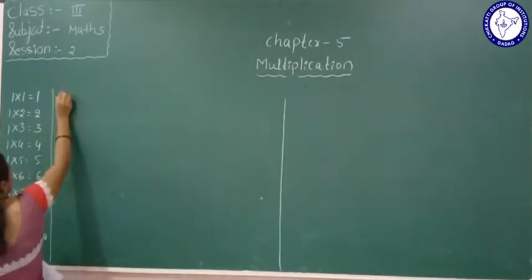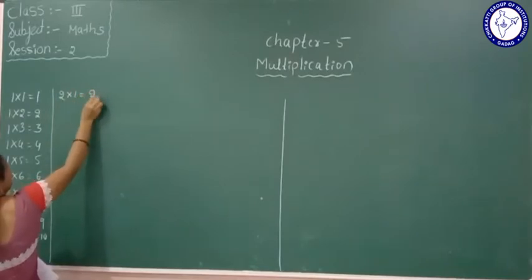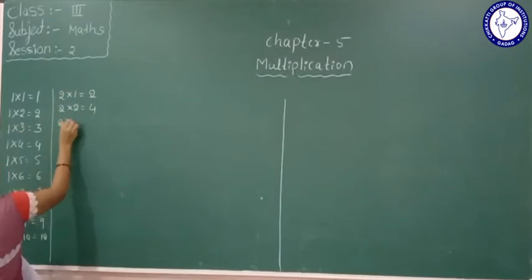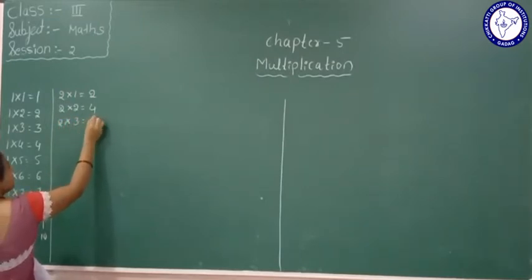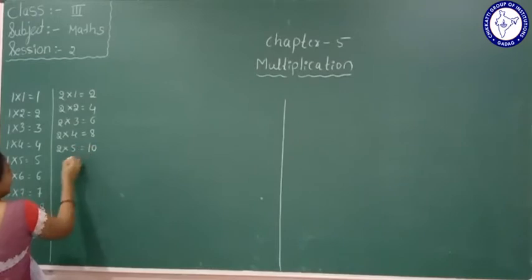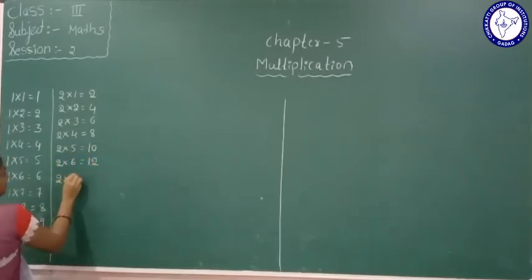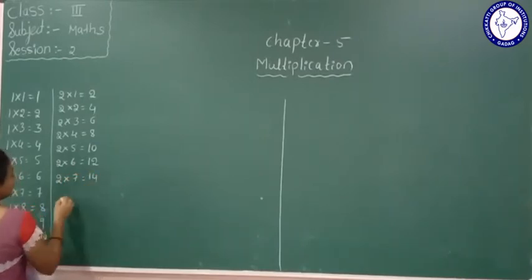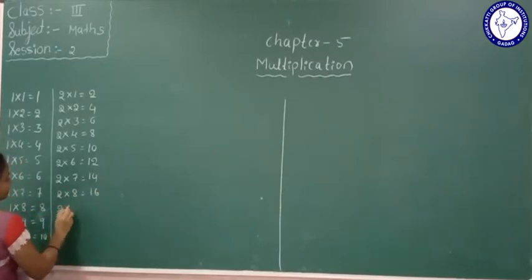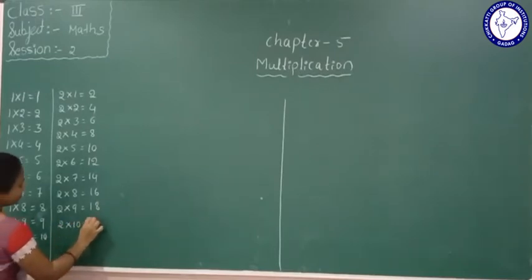Like here 2. 2 into 1 is equal to 2. 2 into 2 is equal to 4. 2 into 3 is equal to 6. 2 into 4 is equal to 8. 2 into 5 is equal to how much? 10. 2 into 6 is equal to 12. 2 into 7 is equal to 14. 2 into 8 is equal to 16. 2 into 9 is equal to 18. 2 into 10 is equal to 20.